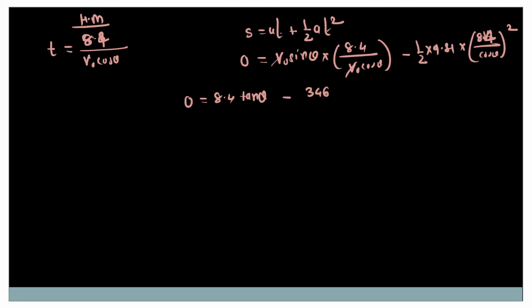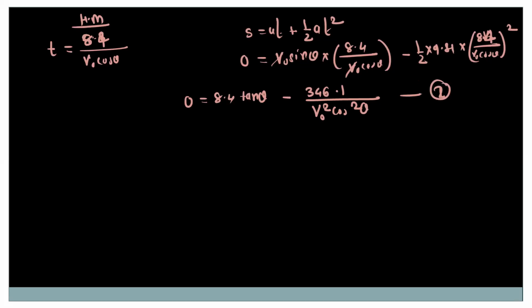So this total value is 346.1 and divided by this V naught cos theta square. So it will be V naught square cos square theta. Okay. So take this equation 2.